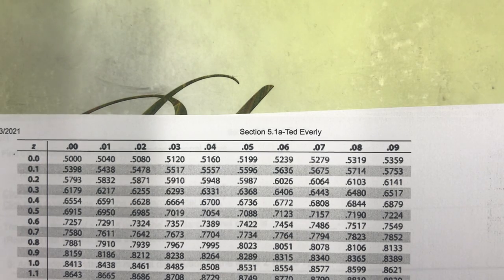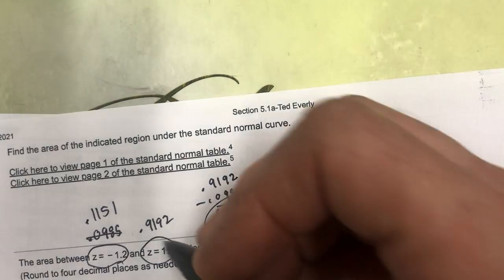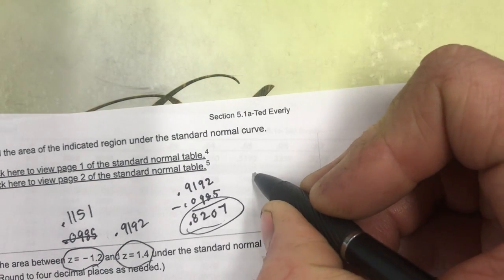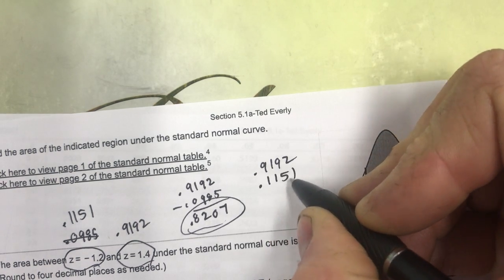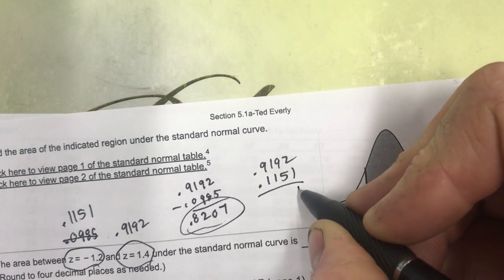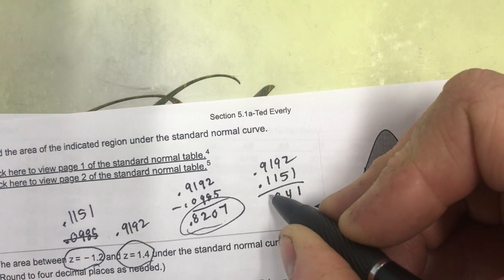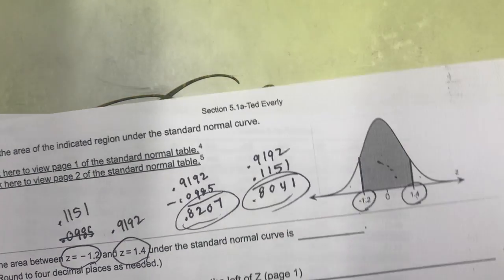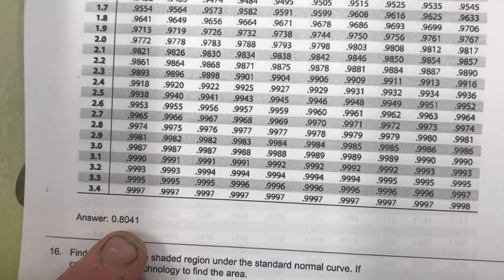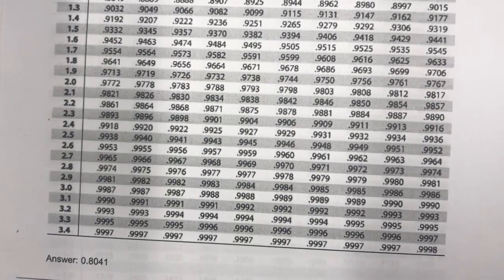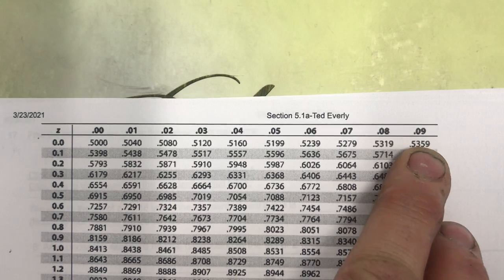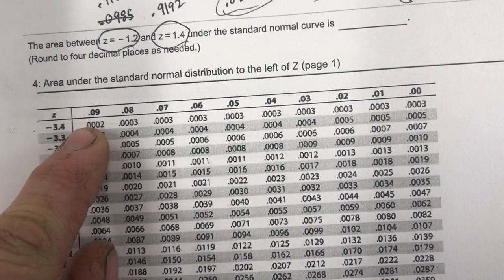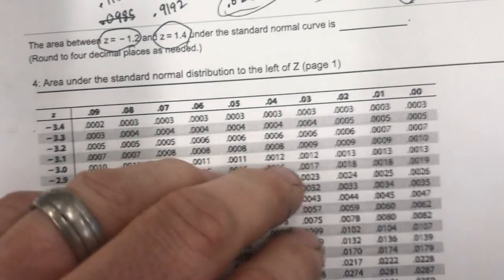So that is 0.9192 minus 0.1151, which is 0.8041, and that's what this says on here. So that was right. You got to pay attention to your graph. On this one, you can see the numbers go up, but for whatever reason, these numbers are going down. So you got to pay attention to that. It might get you.